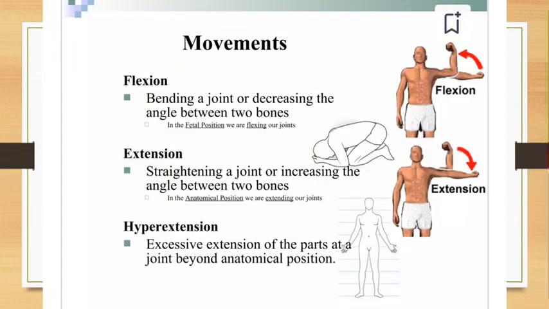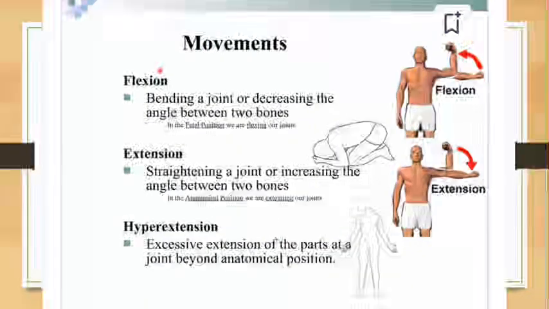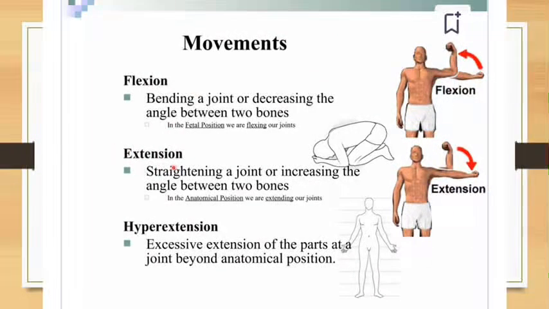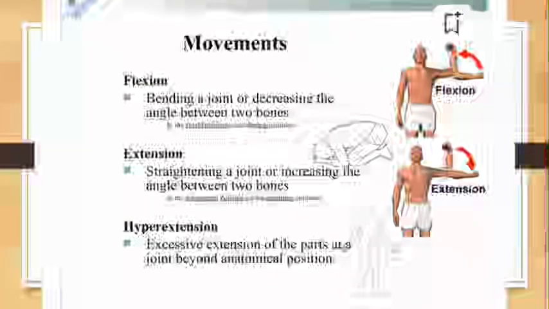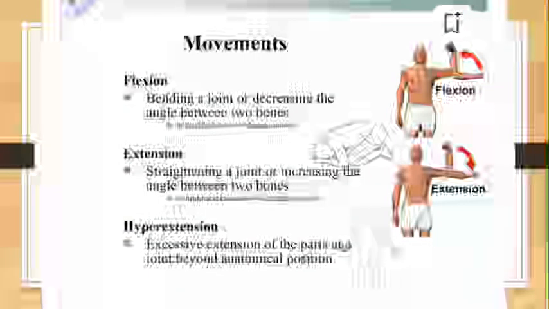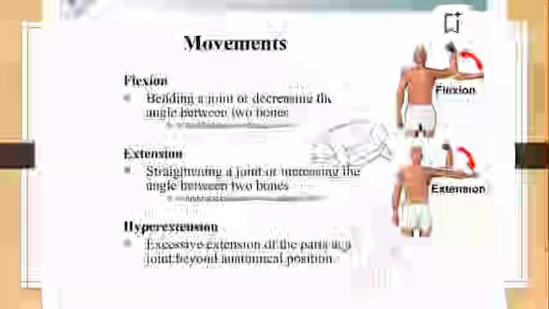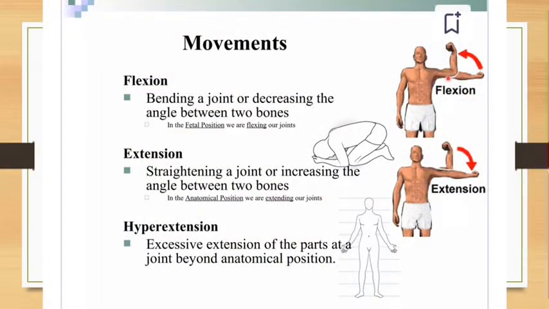Another movement you need to know is flexion, extension and hyperextension. Flexion is when you bend a joint, decreasing the angle between two bones. If your hand is straight, like 180 degrees, once you bend it you reduce the 180 to about 90 degrees.